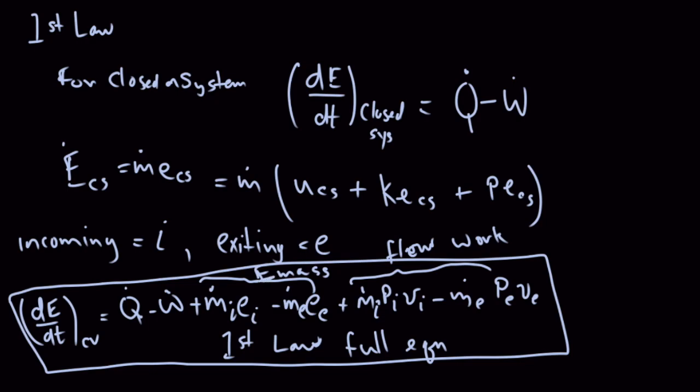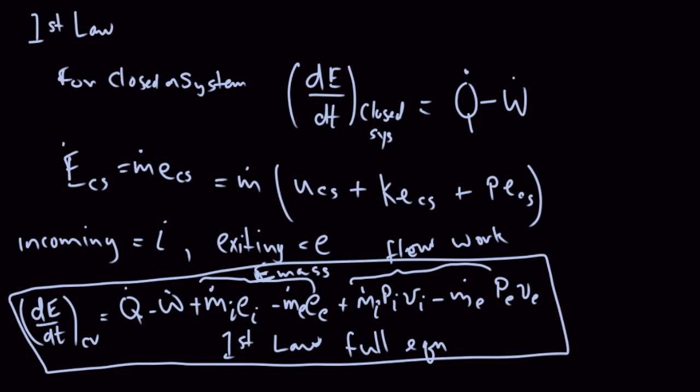We call that E mass, energy associated with the mass, because mass has energy, right? It could be the temperature-related energy. It could also be kinetic energy or a potential energy.